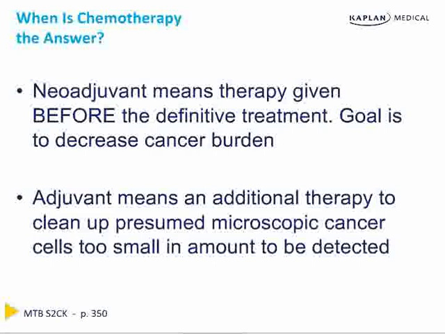The goal of neoadjuvant chemo is to reduce the amount of cancer in the body and to make the surgery more likely to be successful, whereas adjuvant chemotherapy is given to kill any cancer cells that may have been left behind after surgery or may have spread to other parts of the body before the surgery was performed, but that are too small to be detected by imaging or other diagnostic tools.